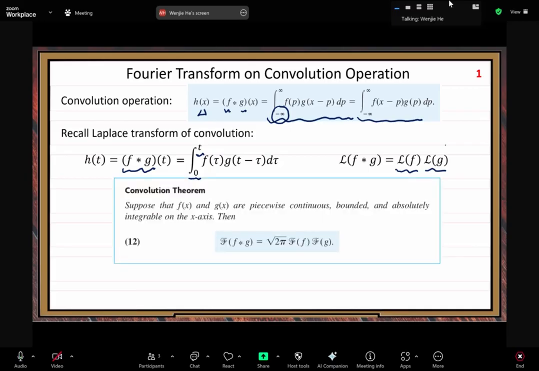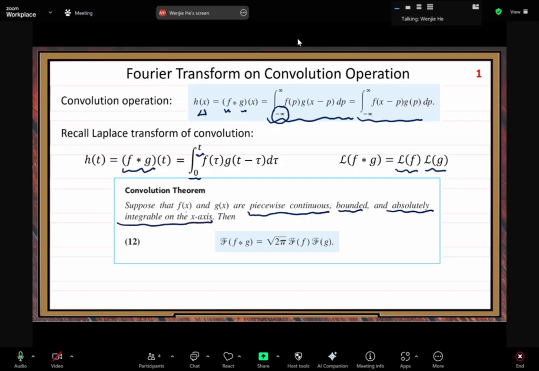Suppose that the f function and g function are piecewise continuous, also bounded, and absolutely integrable on the x-axis.